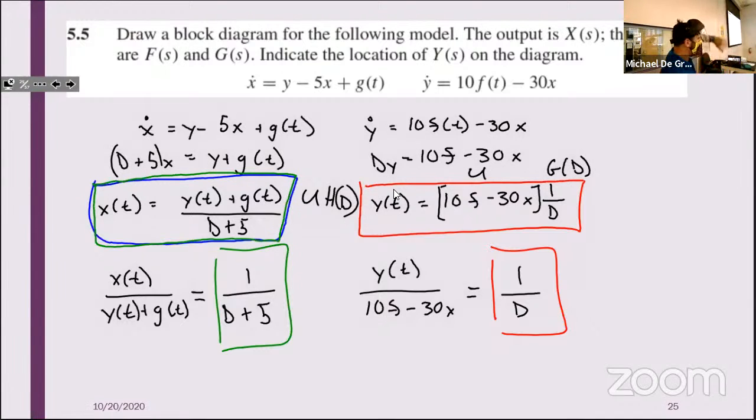It's always the transfer function times my input. And that's a really big and important idea that is going to come in real handy later in the semester when we start with Laplace transforms and the like.